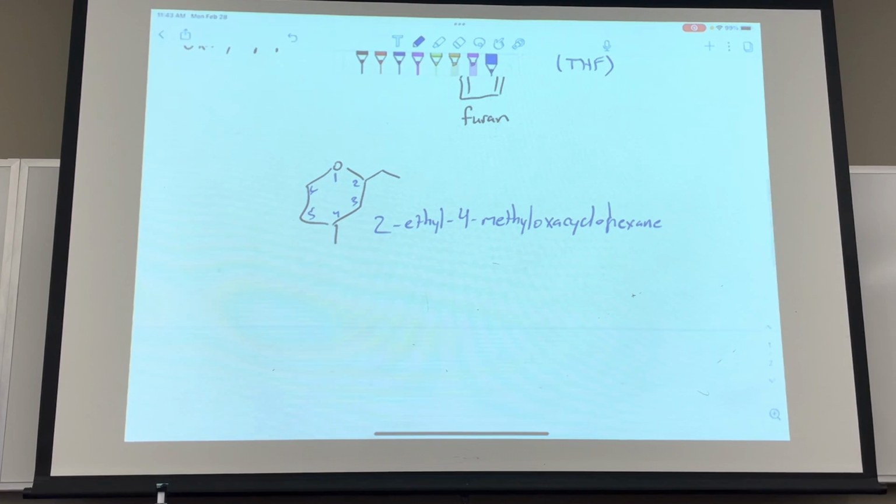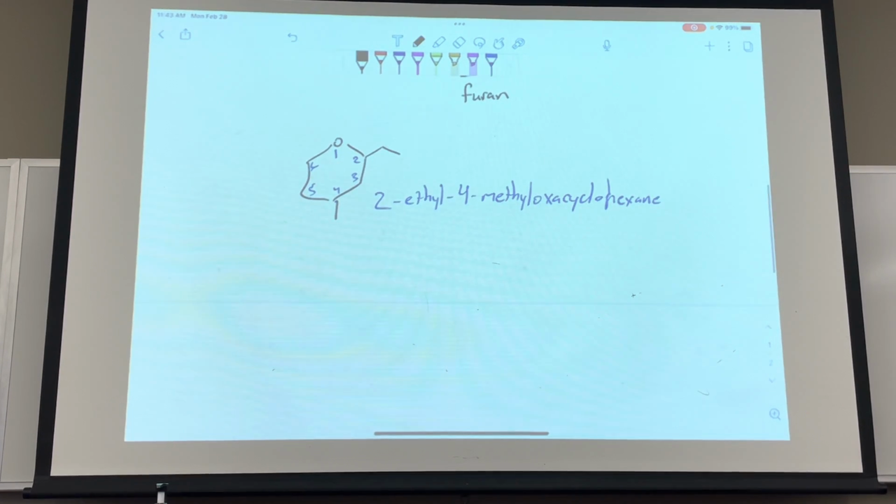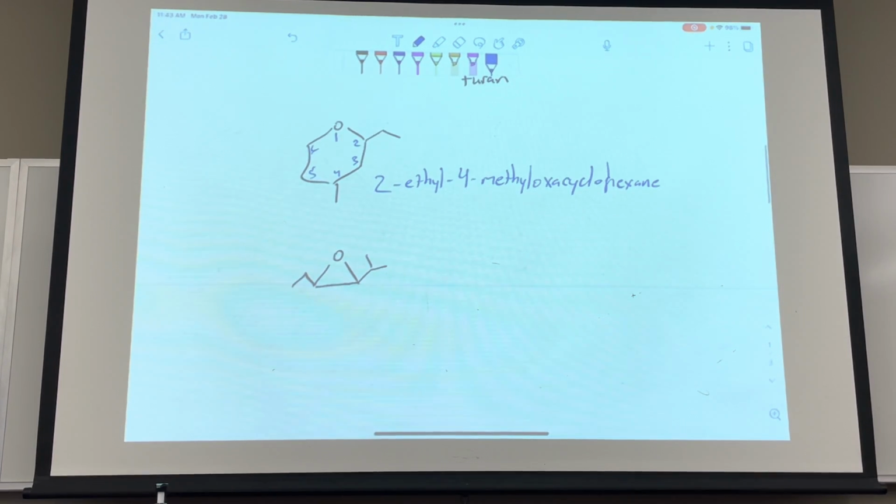So I want to show you another example of that. Let's look at a 3-membered ring. If we want to name this the IUPAC way, we start numbering at the oxygen, so that's the 1 position. Whether we go clockwise or counterclockwise, we get a 2,3 disubstituted compound.